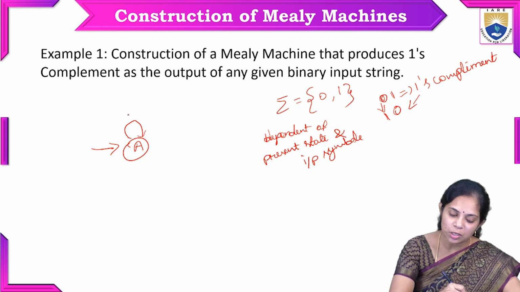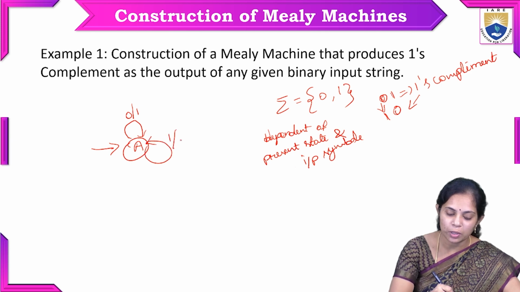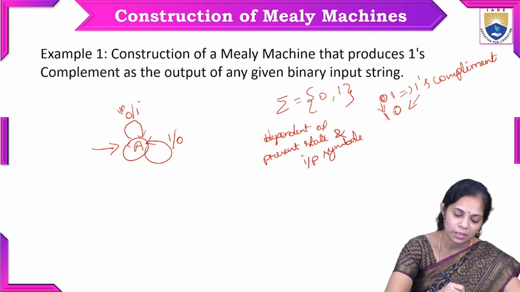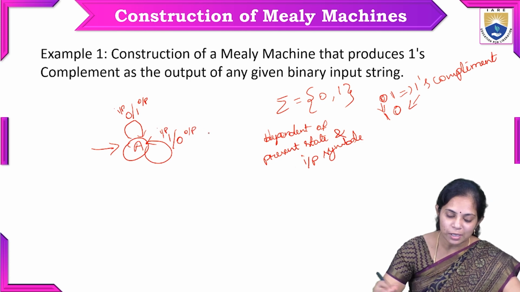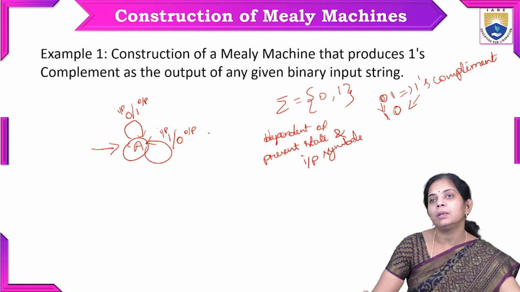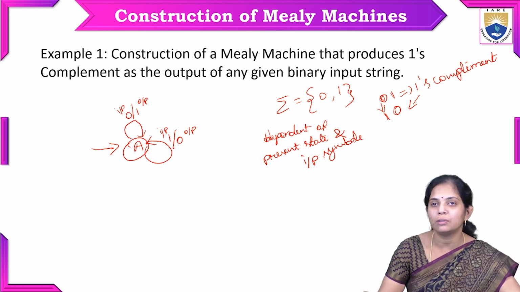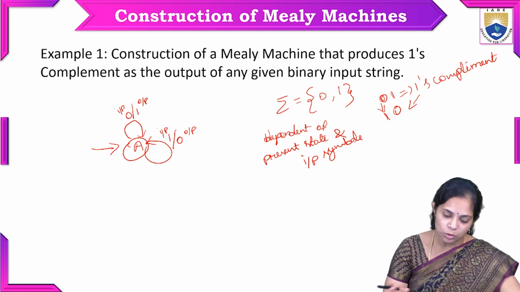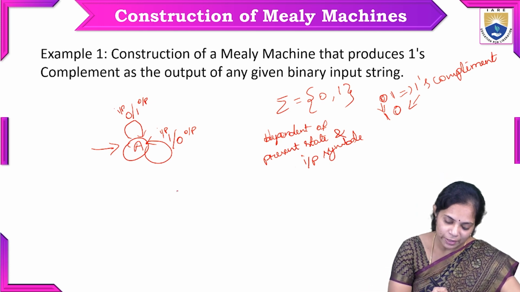If you give 0 as an input, it will give the output 1. And if you give 1 as an input, it will give the output 0. Here it is the input and this is the output. This is the Mealy machine constructed for the one's complement of any binary number.